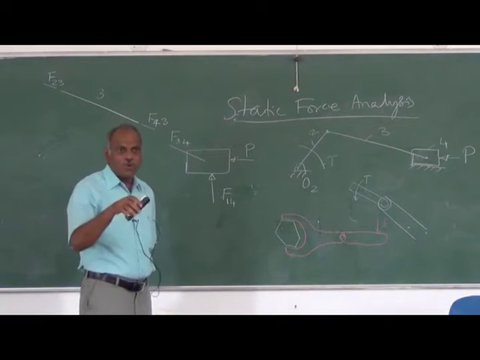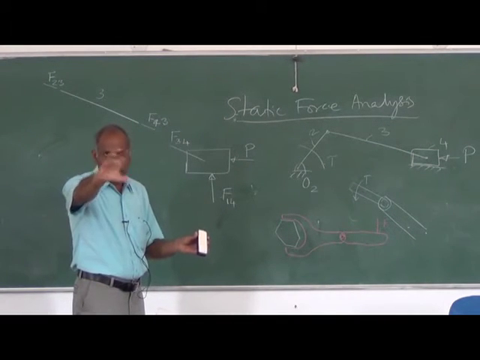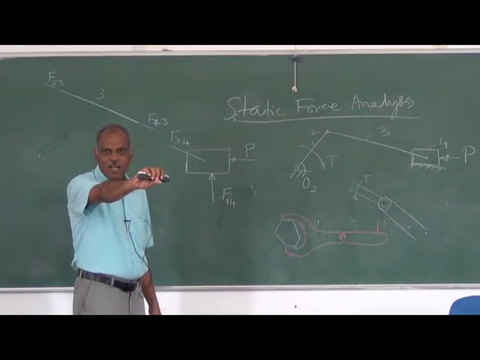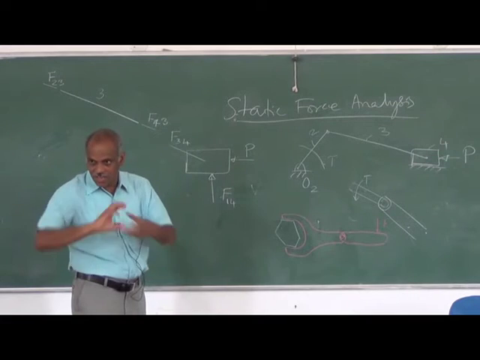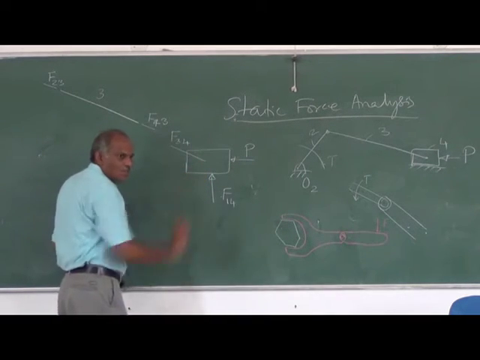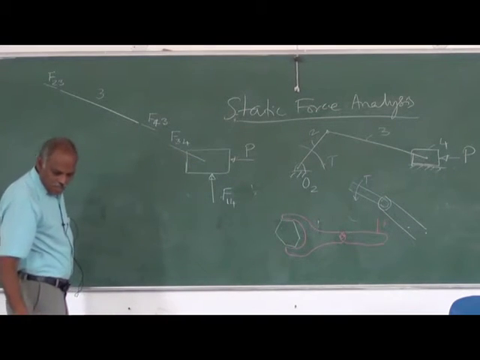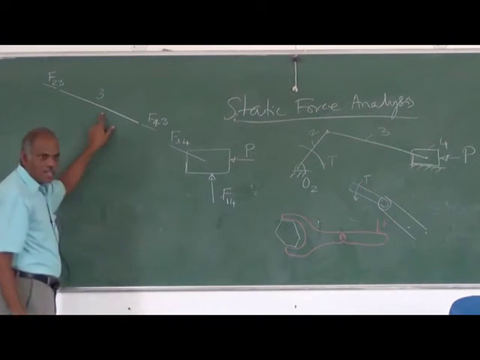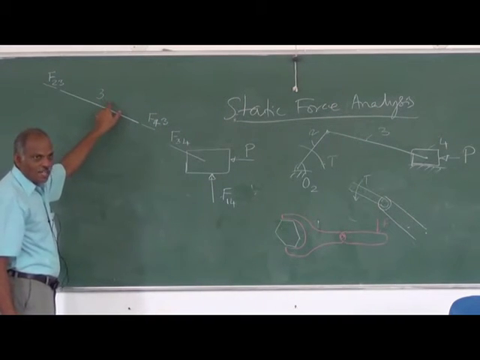But as I told you, if you are taking two bodies, like my hand is one body and this is this thing, I may be able to apply the force and the moment, but that should not be a simple revolute joint. In simple revolute joint, only forces can be transmitted across this. That is the same reason or logic I use here for linkage 3.